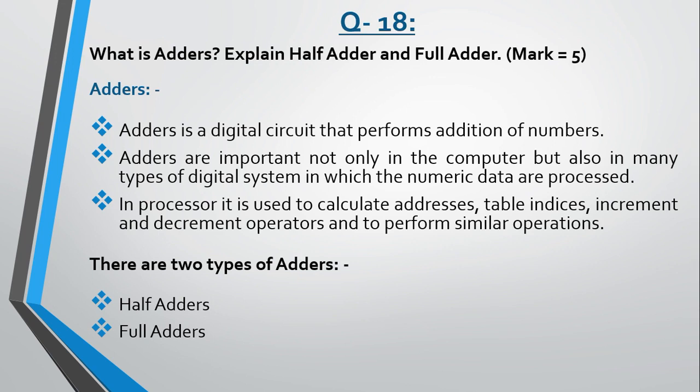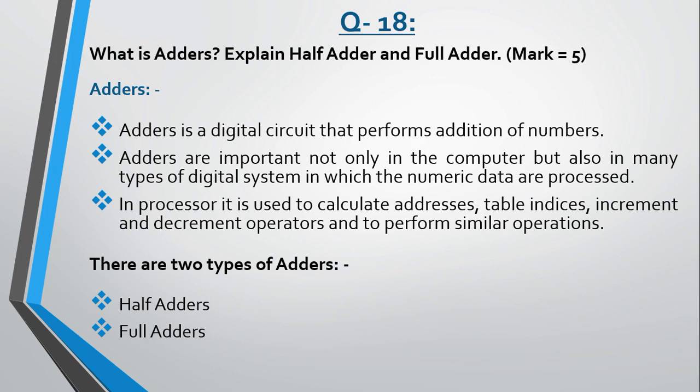There are various tables available with the processor, so when you want to calculate the tables based on the processor, at that time also you can use adders. There is increment and decrement of operators like plus plus and minus minus, so in such cases also you can use the concept of adders, or any related operations you want to perform. In all the cases you can use adders or subtractors.